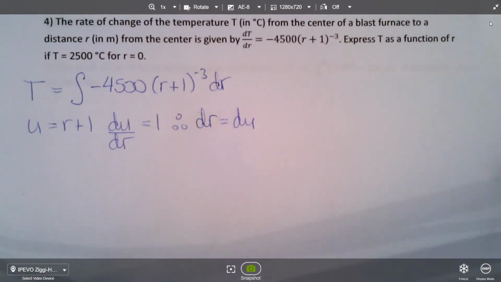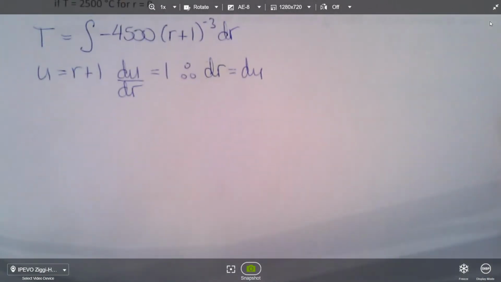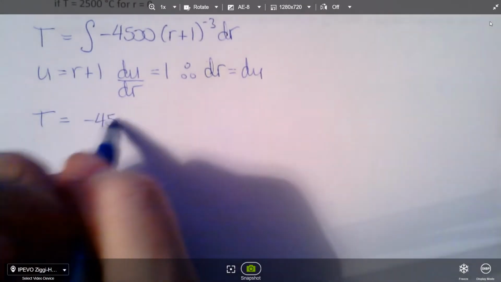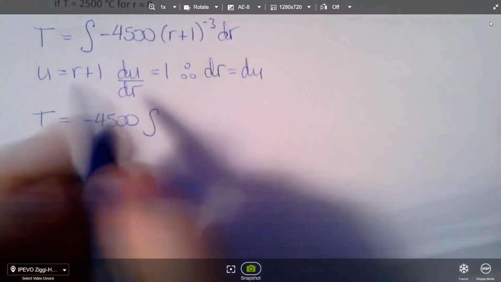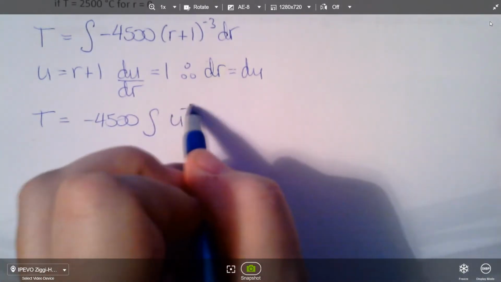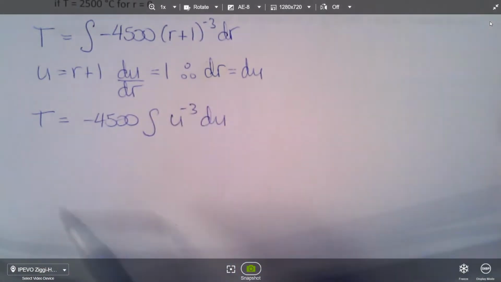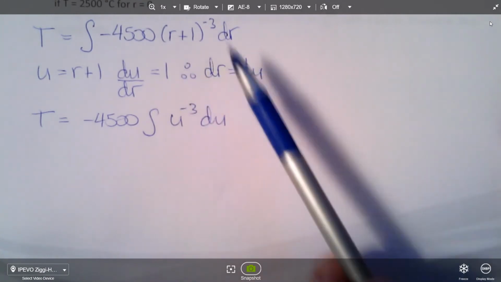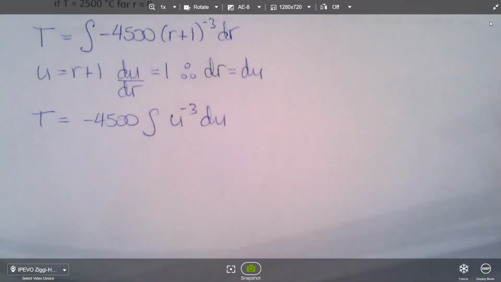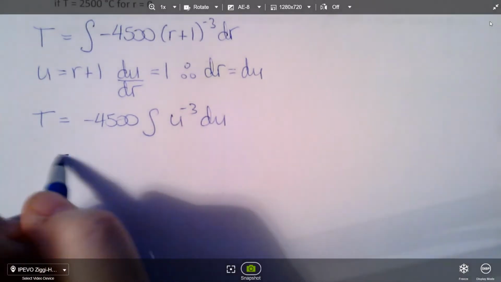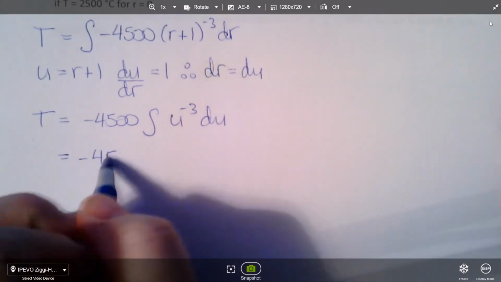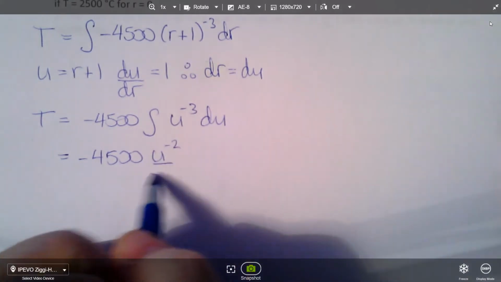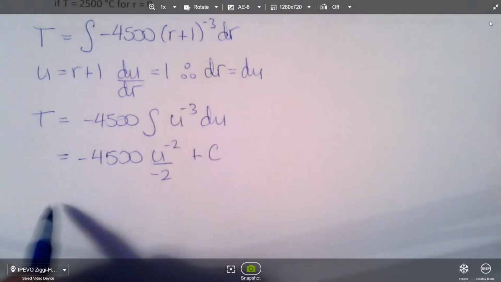All right. So when I go ahead and substitute, I might just pull that 4,500 out. So when I substitute, I get u minus 3 du. It wasn't much to do. The u subs in, and the dr is equal to du. So yeah, that was pretty quick to substitute. When I integrate, I get 4,500 plus 1 and c.